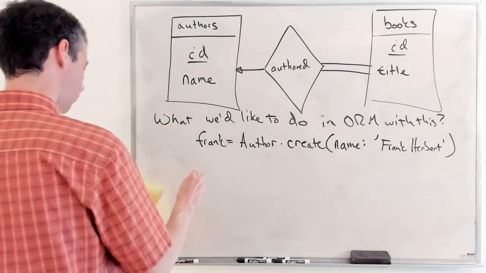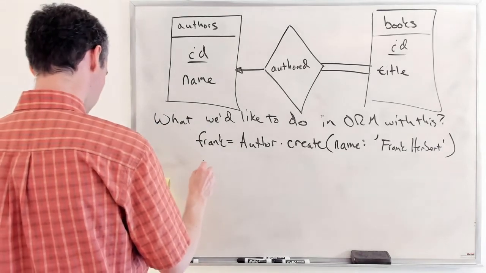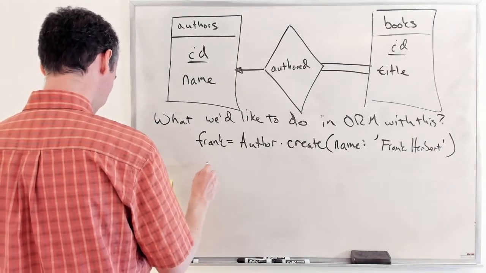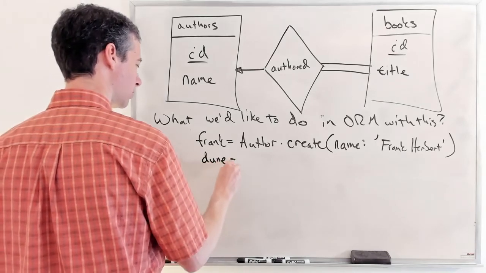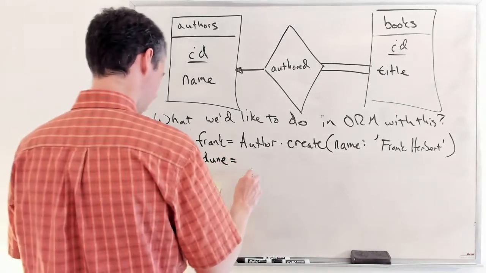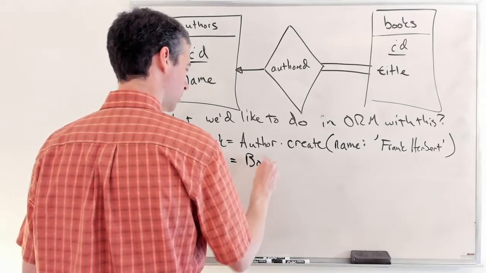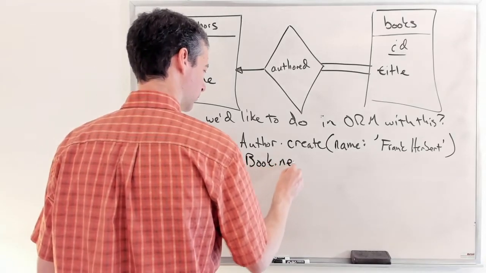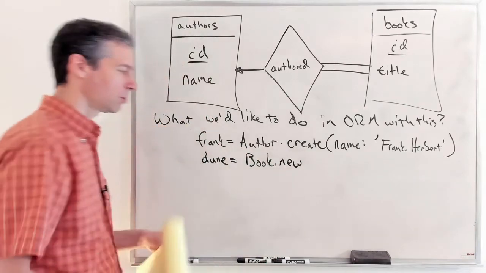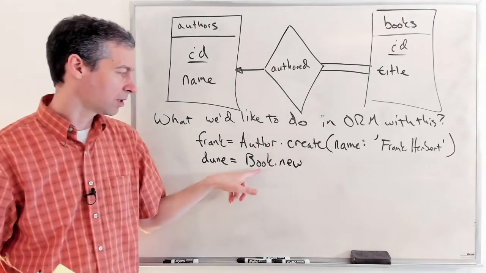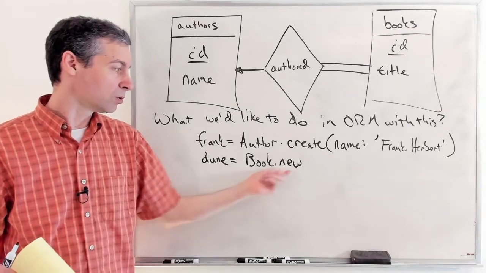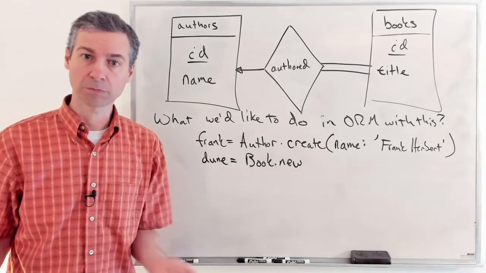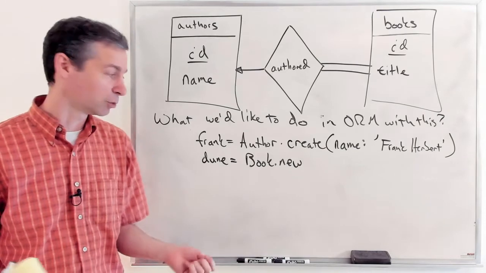All right. So then let's say I want to add a new book to the system. So I'm going to make a book. Let's call my book Dune. Okay. And so I call Book.new. Now, Book.new, again, is a class method on Book. We know that new just calls the basic constructor of a class in Ruby.